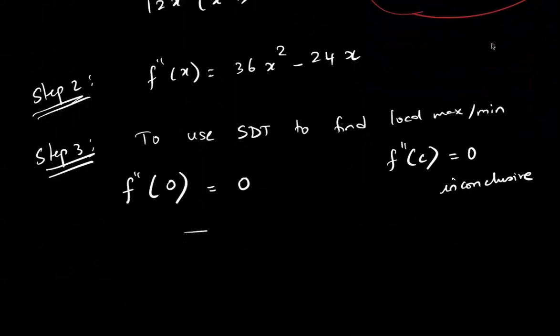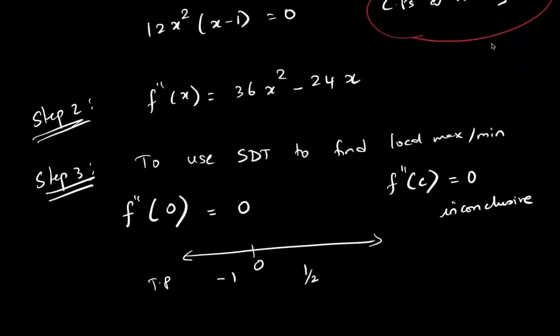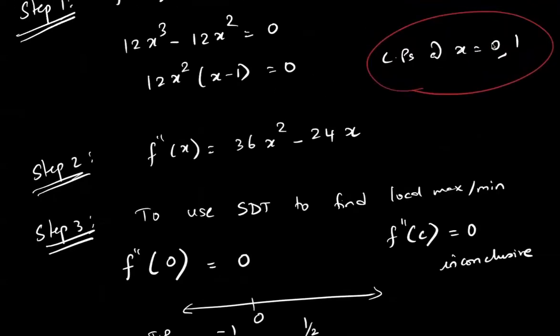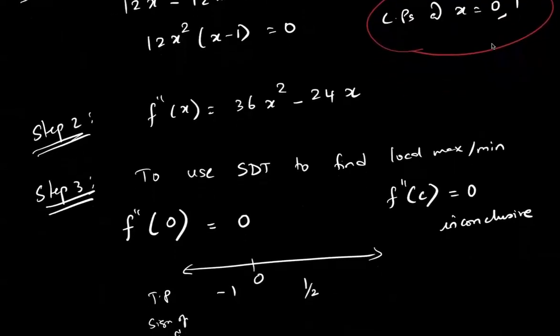So then you go to your number line again, and you can put your 0 in here and use your test points. I'm just doing this very quickly. I'm going to use the sign of the first derivative. At −1, the first derivative is negative.